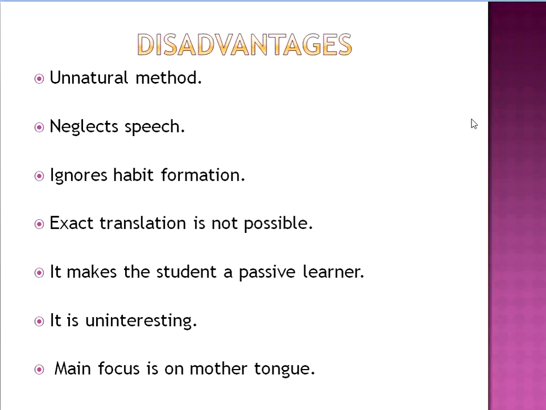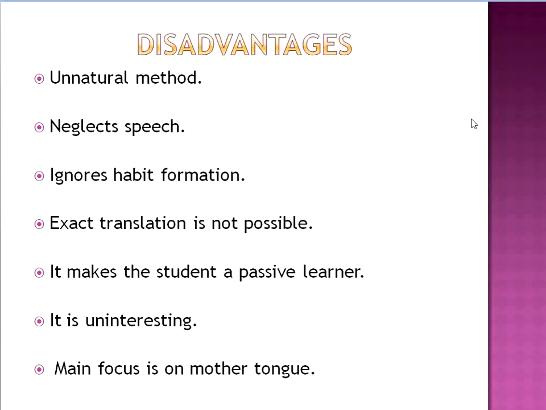Now, what is the last disadvantage of grammar translation method? Main focus is on mother tongue. So it is obvious, while a teacher is going to translate, the only focus is on the mother tongue. So here we can say the focus on the target language is automatically neglected. So what is the objective?